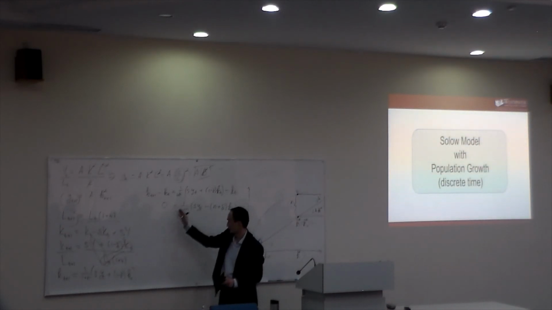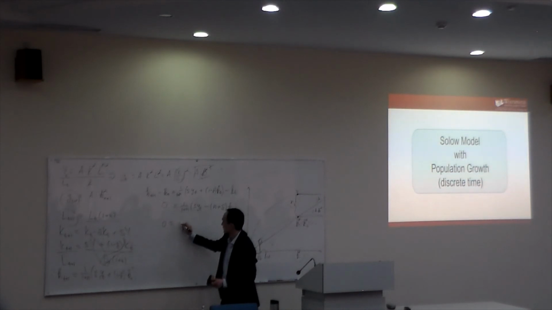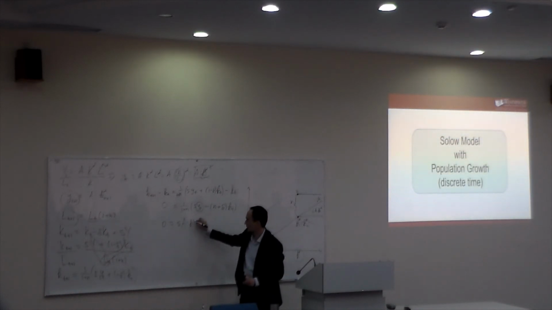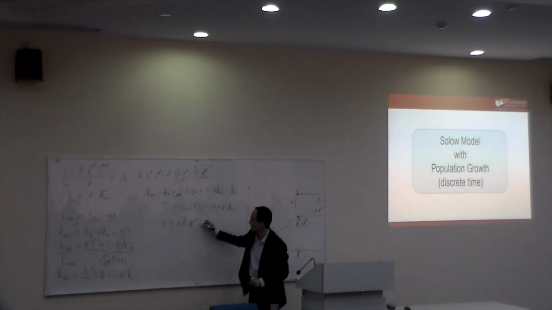If you multiply both sides by (1 plus n), then you get 0 equal to saving rate times per capita y, which is equal to technology times capital to the power alpha, minus (n plus delta) times per capita capital in the steady state level.